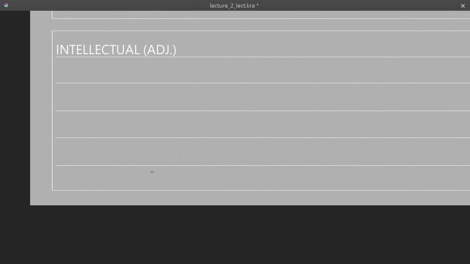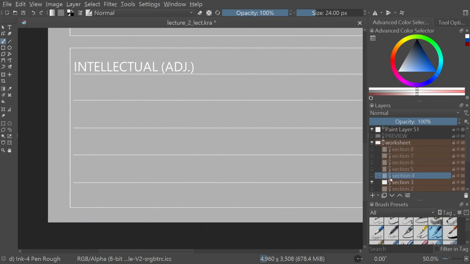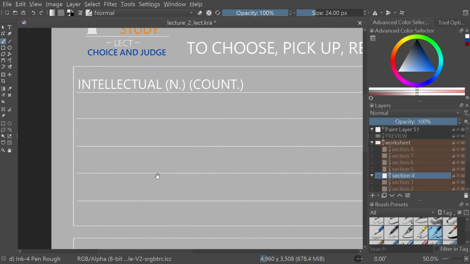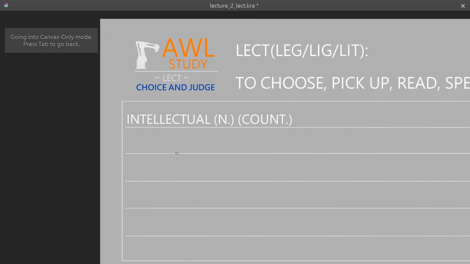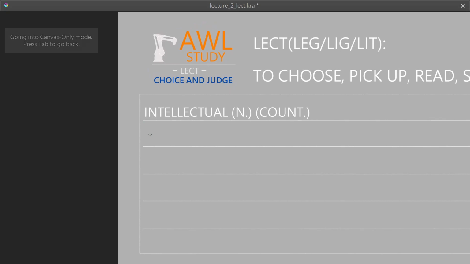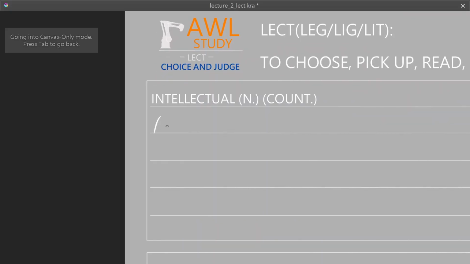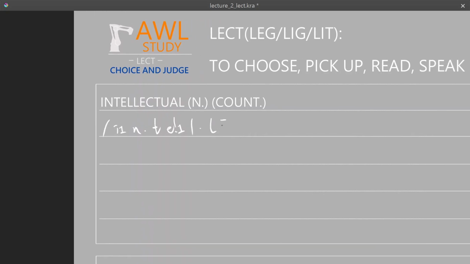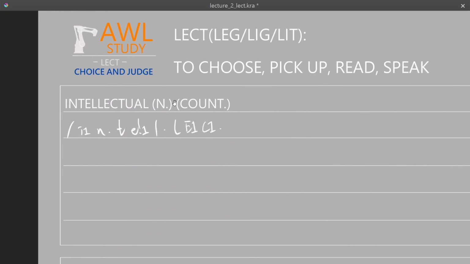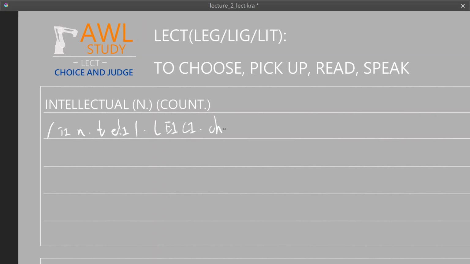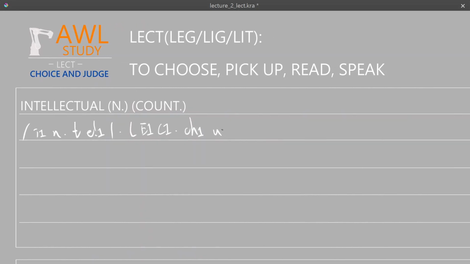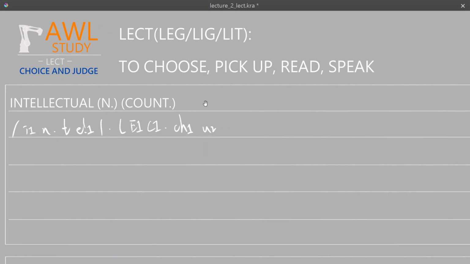Okay, now the next one. Cool. The next one we have is intellectual, another form with the same pronunciation and spelling. The first sound of k, the second sound of u.